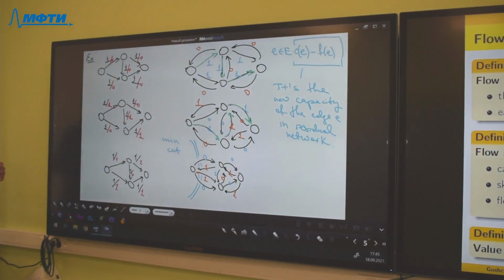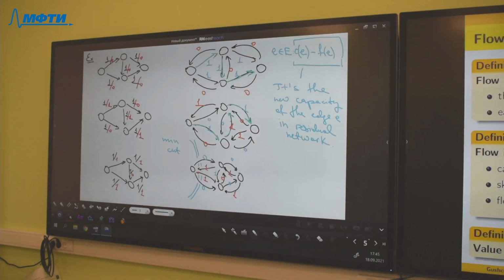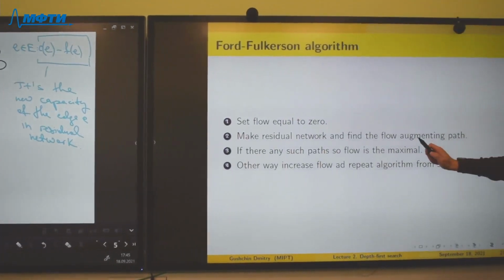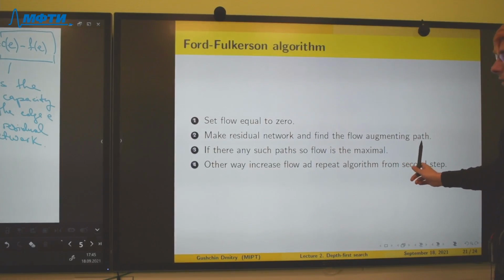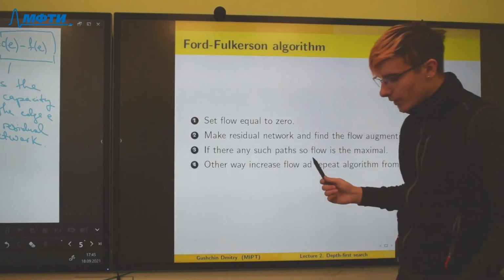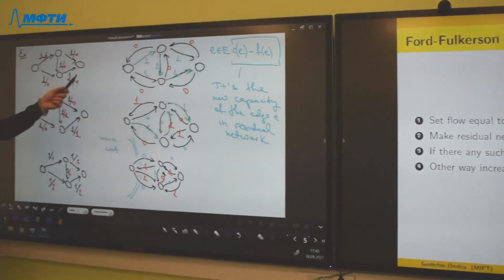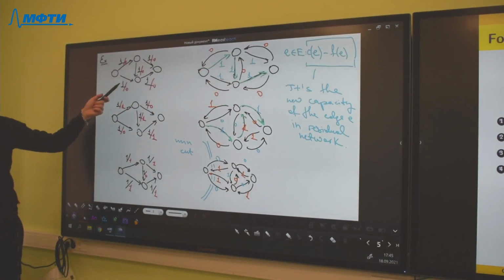So, if we have a flow network with a flow, we can draw the residual network. We need to make a residual network and find the augmenting path. How can we draw this residual network? We draw vertices like in the initial graph.